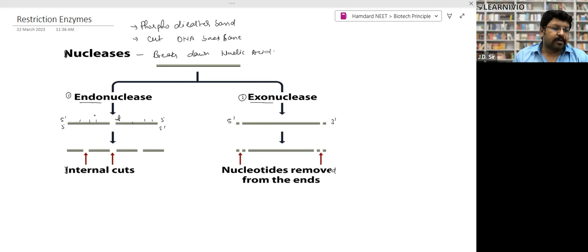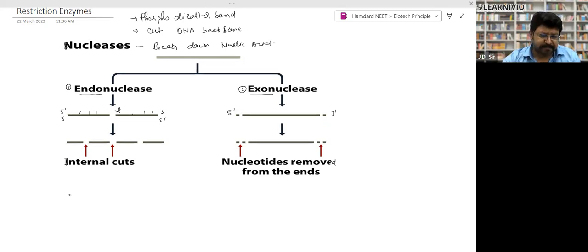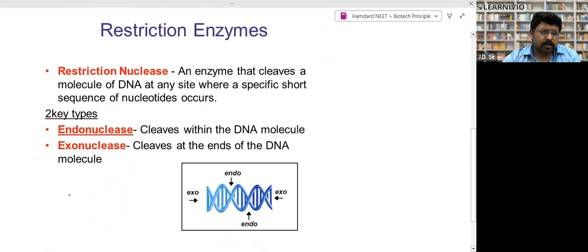But restriction endonucleases make the cut exactly where you want. That is the difference between restriction endonucleases and normal endonucleases, right? Restriction endonucleases are enzymes that cleave a molecule of DNA at any site where a specific short sequence of nucleotides occurs.